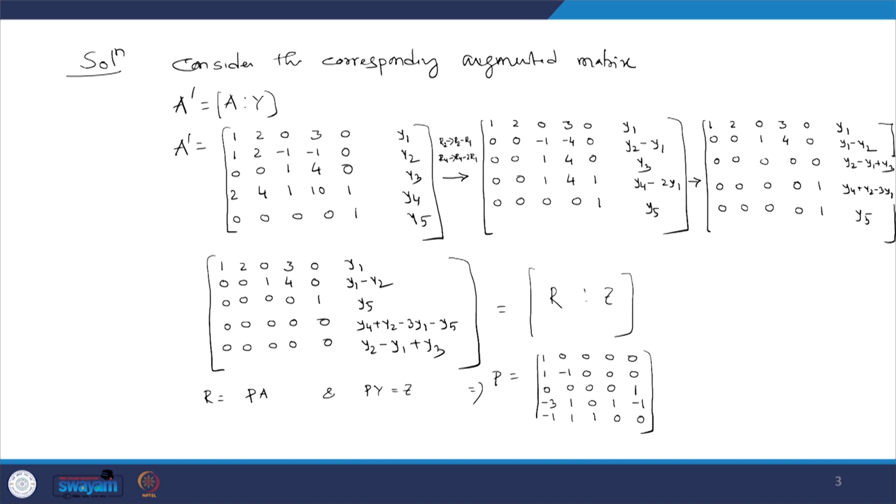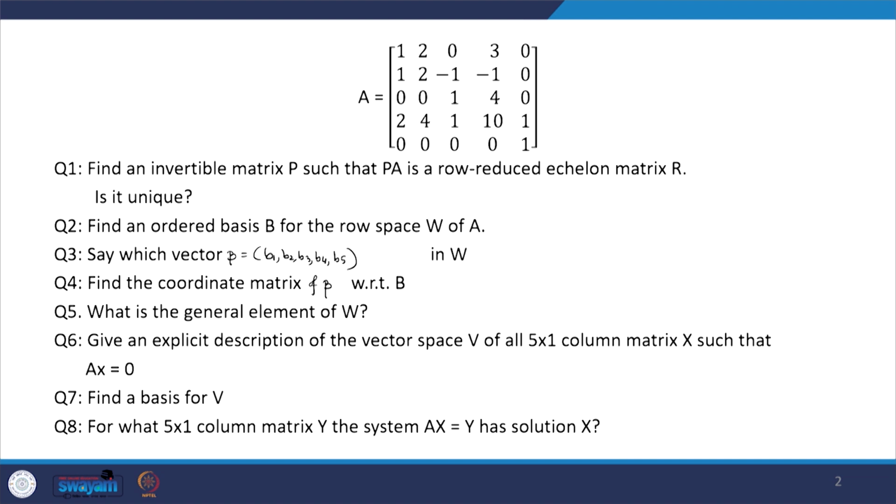So, note that P is not unique. I hope this is clear why it is not unique. So, this is the answer to the first question we raised in the very beginning: find an invertible matrix P such that P into A is a row reduced equivalent matrix R.